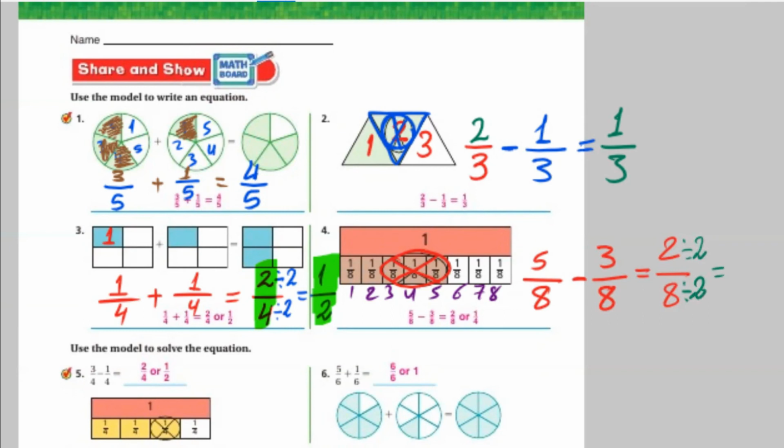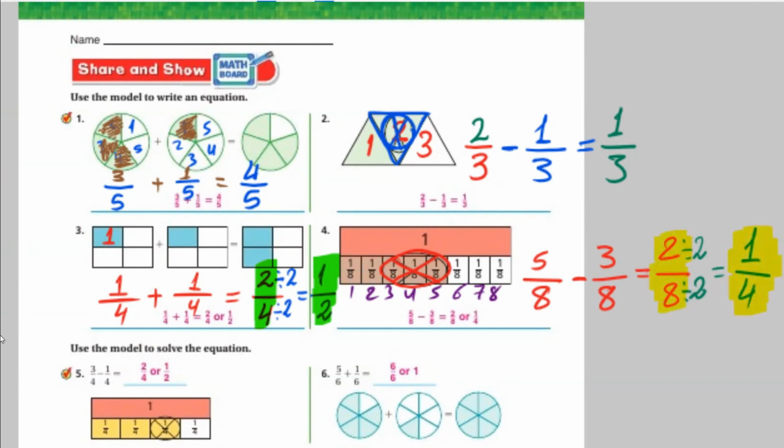If the big number is in the multiplication table of the small number, you have to divide by the small number. So 2 divided by 2 equals what? Any number divided by itself equals 1. And 8 divided by 2 equals 4. So the answer will be 2 over 8 or 1 over 4.